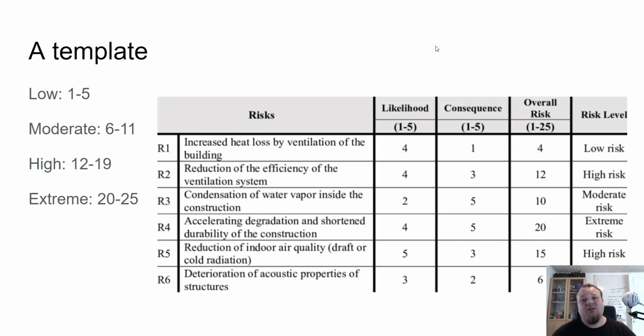So what would the consequence be? Now it would be 1. So the overall risk would be 4, and the overall risk is measured on a scale from 1 to 25. So that would be categorized as low. If you look to the left, you will see the overall numbers describing low, moderate, high, and extreme.